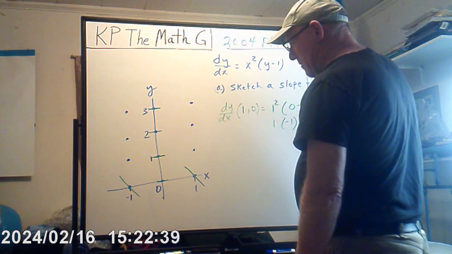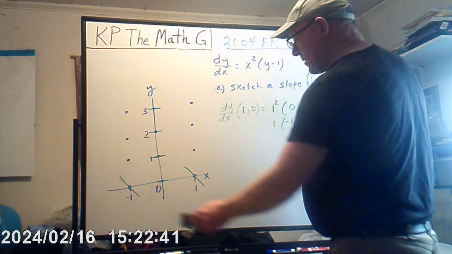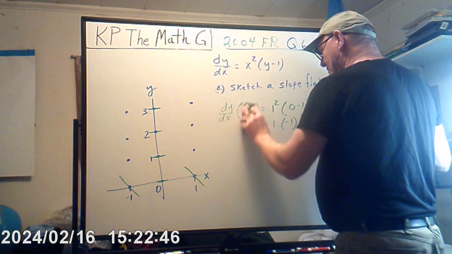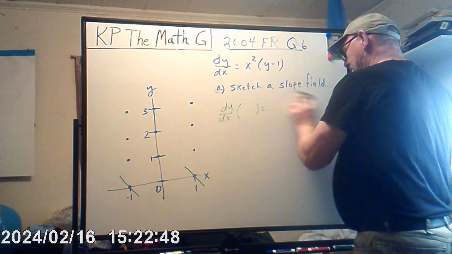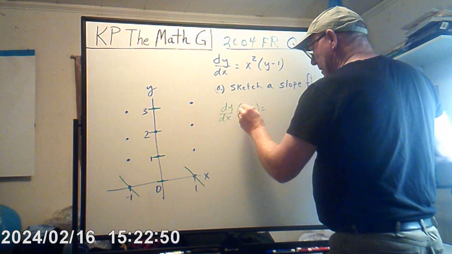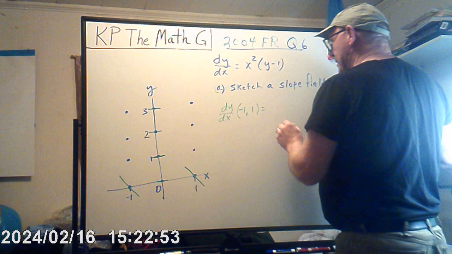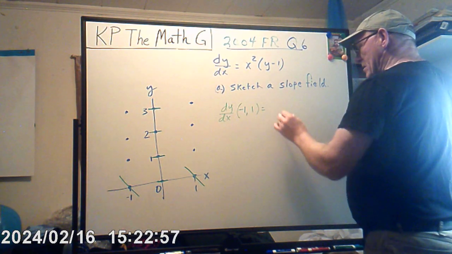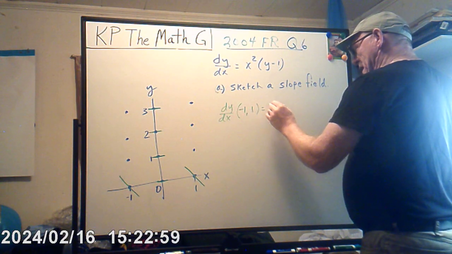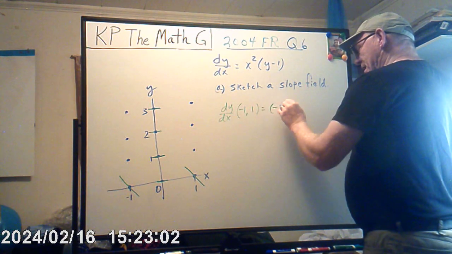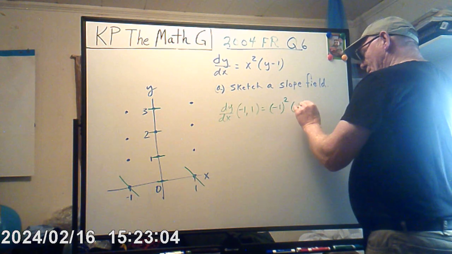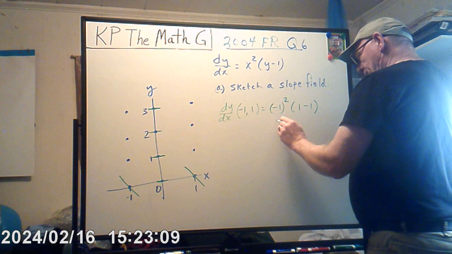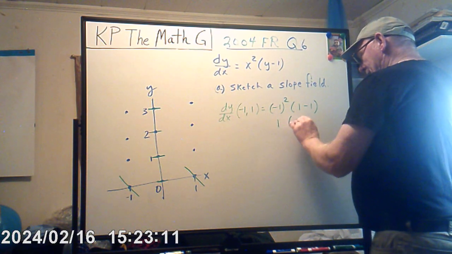Alright, let's stay with negative 1 as x, and then we'll go from there. So let's see, negative 1 comma 1. Here's something we recognize also: if we plug in negative 1 and square that, and then plug 1 in right here, minus 1, this is 1, and then this is 0.